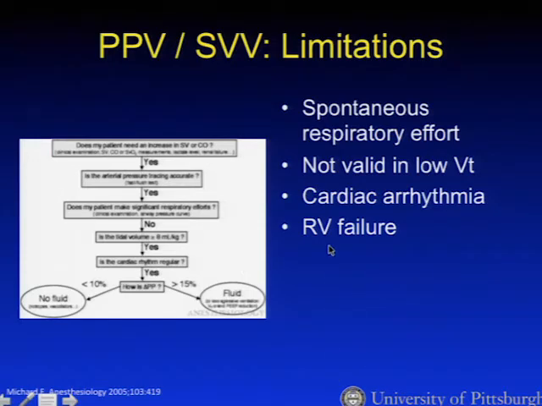Interestingly, patients who have acute cor pulmonale have very afterload sensitive right ventricles, and so when transpulmonary pressure increases, you may see significant respiratory variation in both the pulmonary artery and aortic blood flows in these patients, potentially leading you down the wrong path. This would not be someone who would be volume responsive necessarily. So those are the caveats.